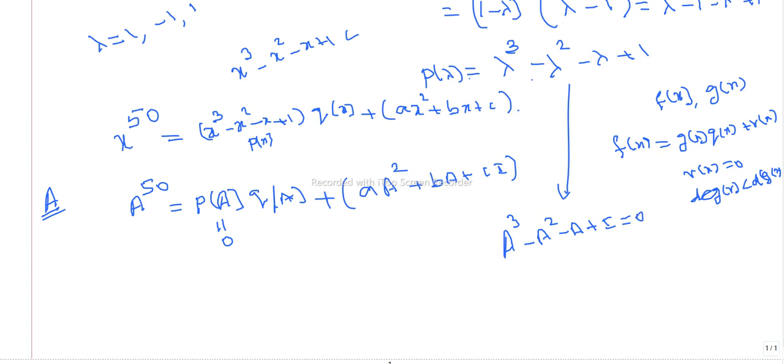But I am saying some simple method. Otherwise you can find the Jordan form. If you find the Jordan form, you can easily get the solution. But anyway, there are so many methods.